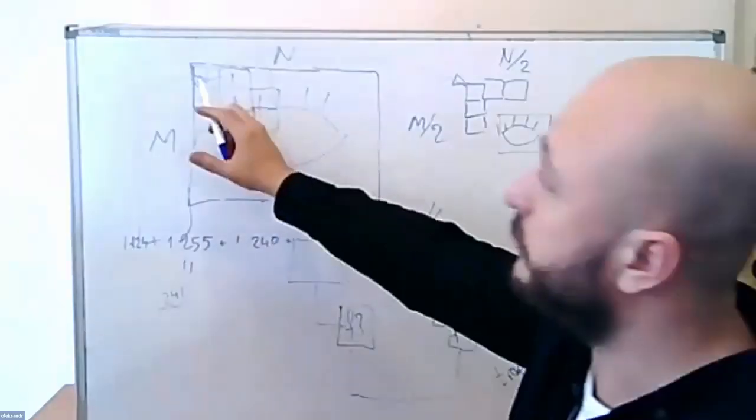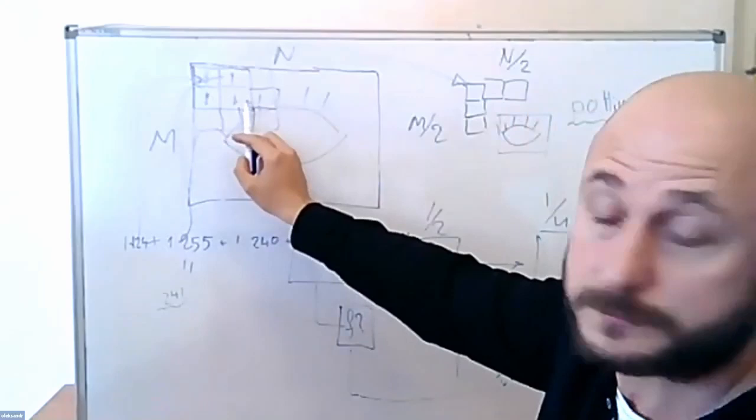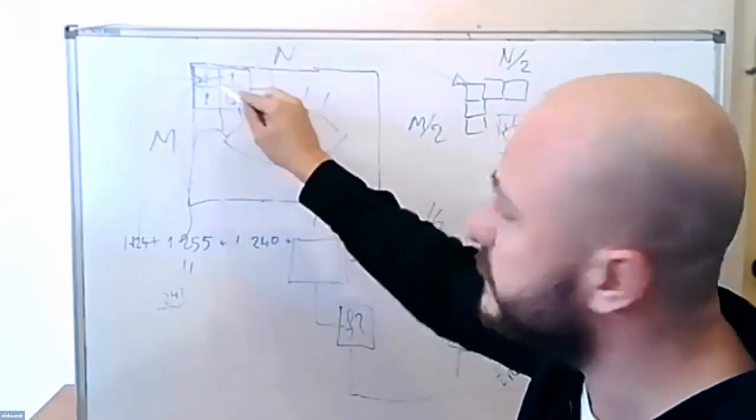So this is the value of this pixel. But these coefficients can be different. Some of them can be zeros.